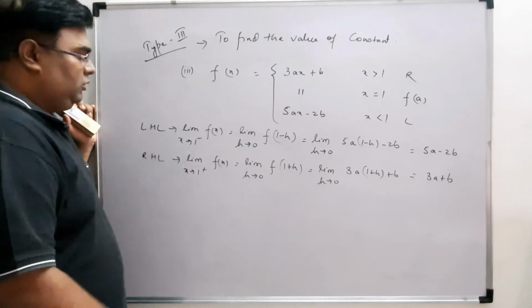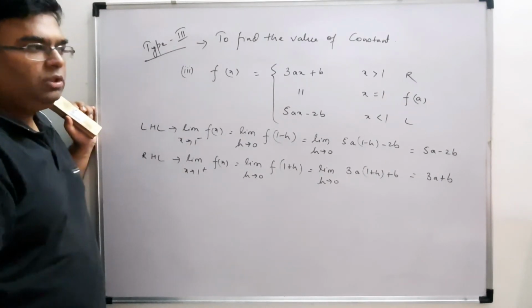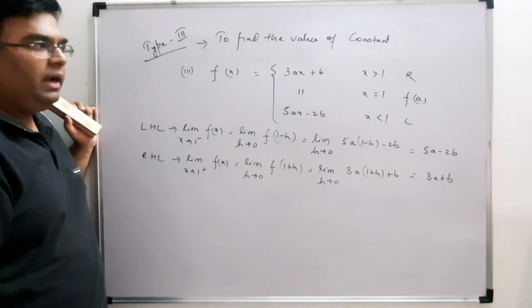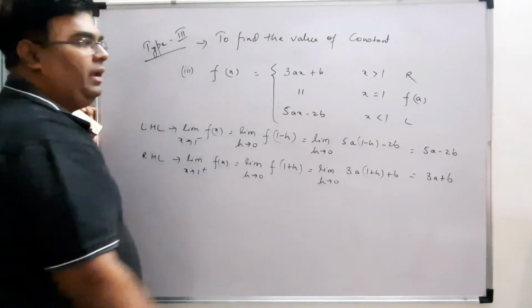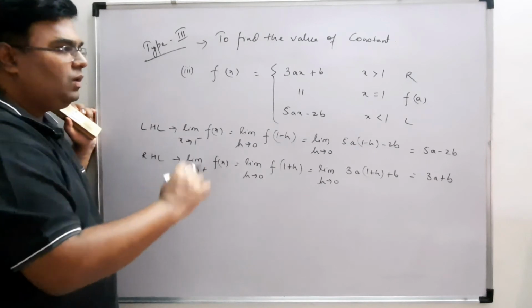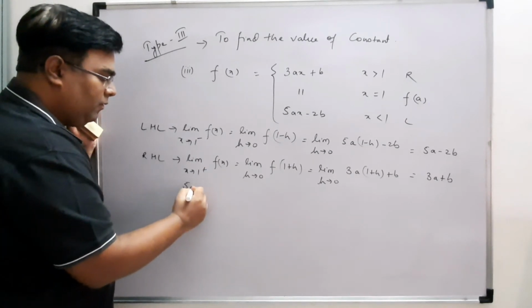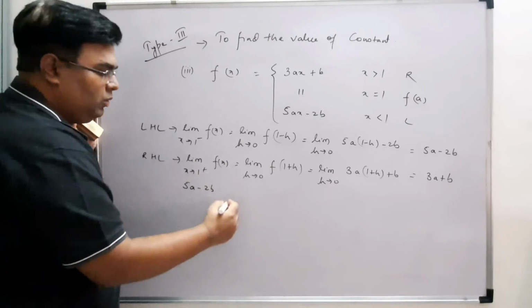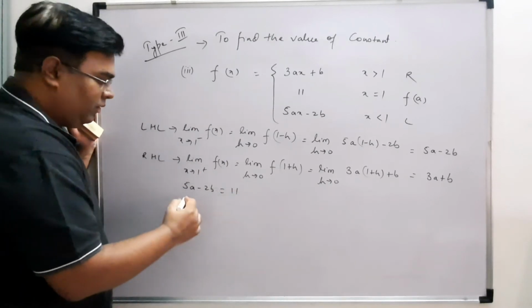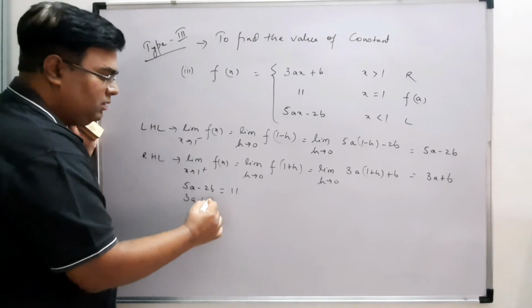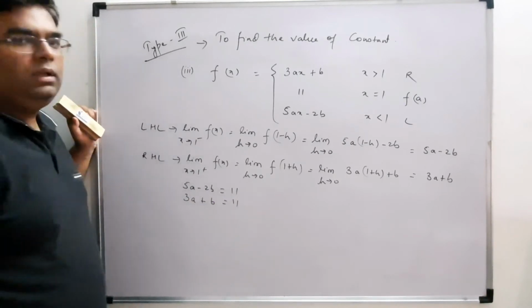So this LHL and RHL should be equal to each other, and both should be equal to my f(a) also. f(a) is what? 11. So we can write 5a minus 2b is equal to 11, and also 3a plus b is equal to 11.